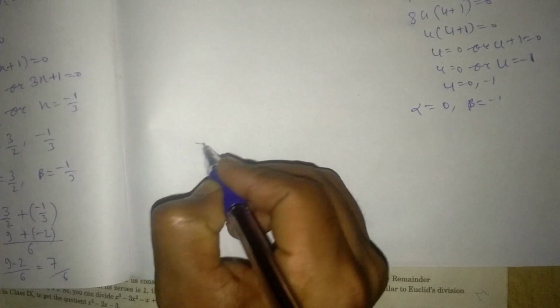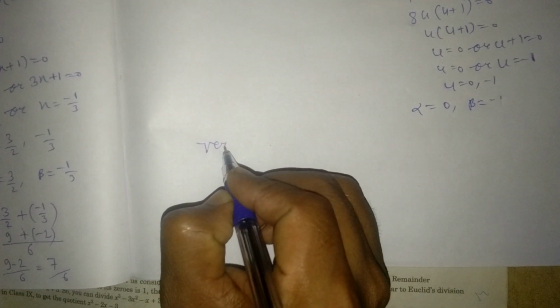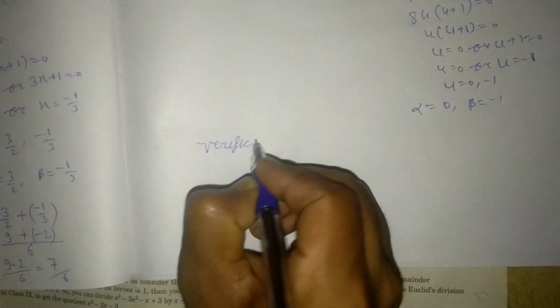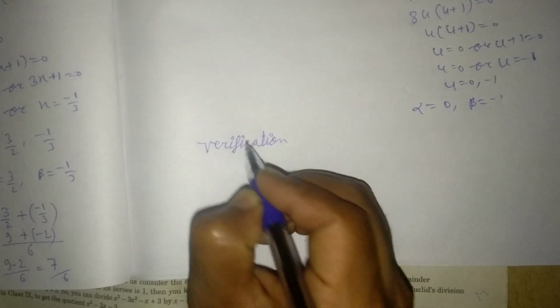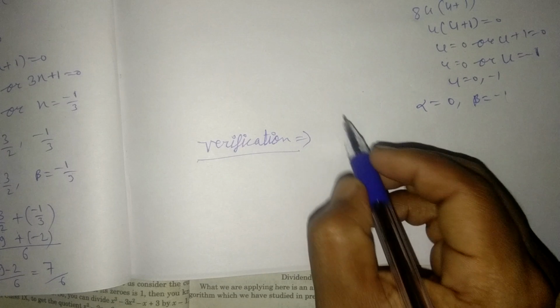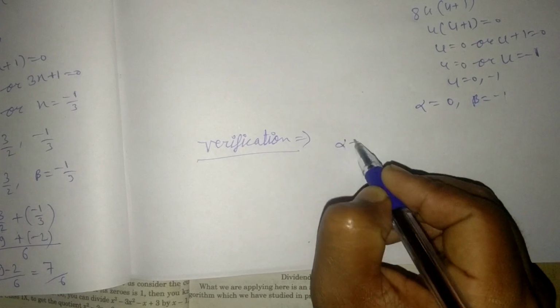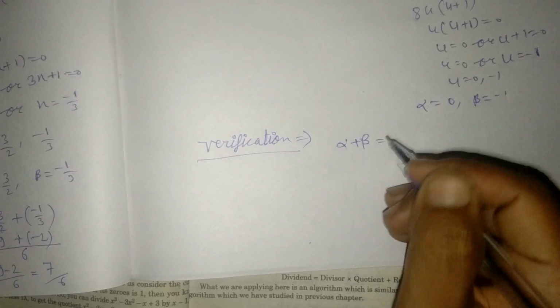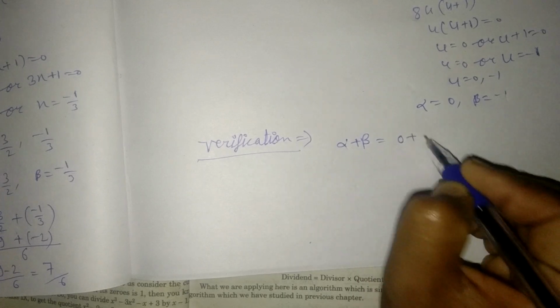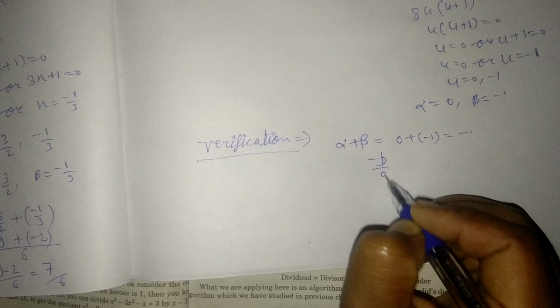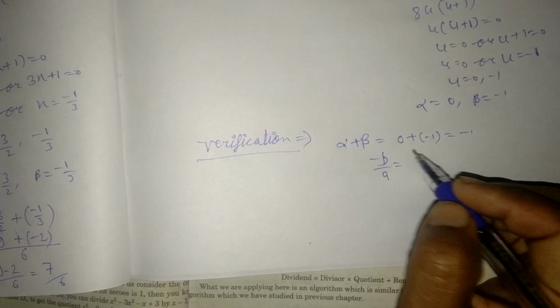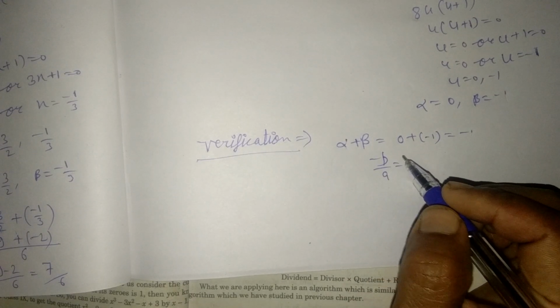Now we have to do the verification. In the verification our first condition is alpha plus beta. So 0 plus minus 1 you will get minus 1. Also minus b upon a, because alpha plus beta should be equal to minus b upon a.